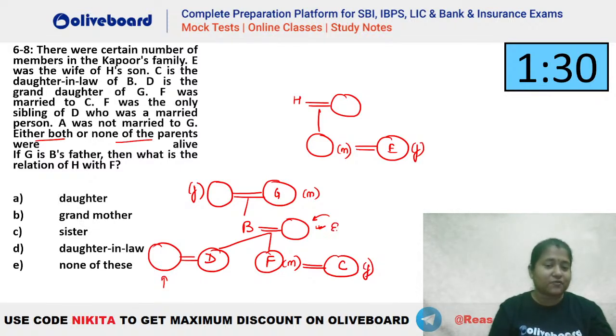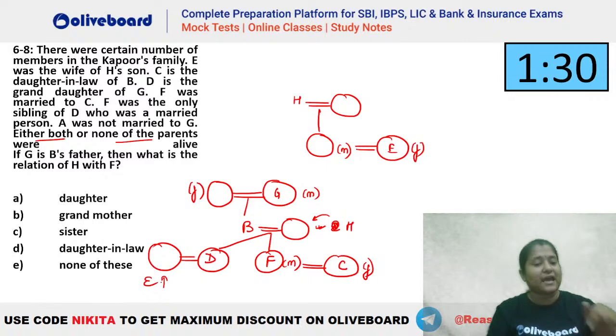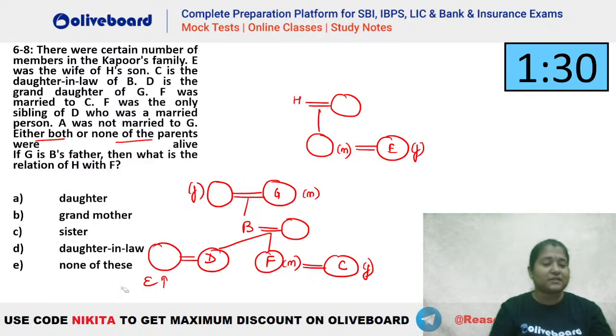I am saying that if you take your H here as B's spouse and E as D's spouse, then the problem will be that the only person remaining will be A here and A will become G's spouse, which is not possible. Right? This is given here. A is not married to G. That means you cannot consider this H to be this person here, right? H cannot be this person.